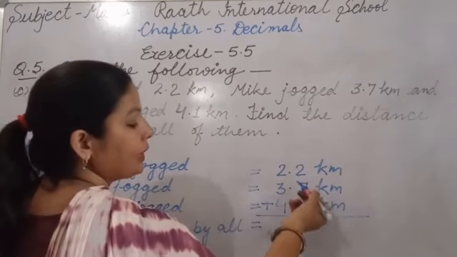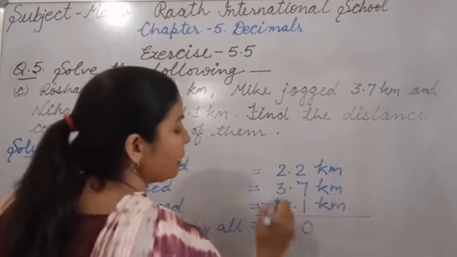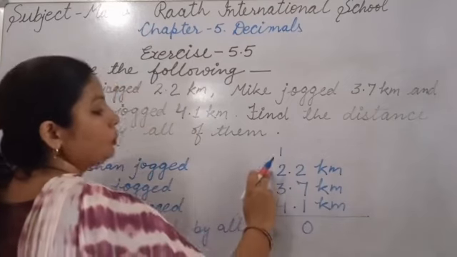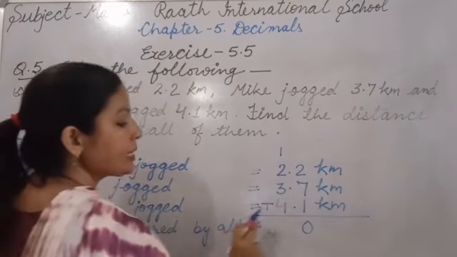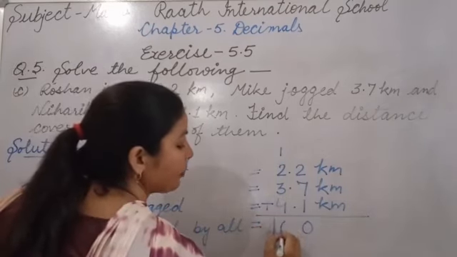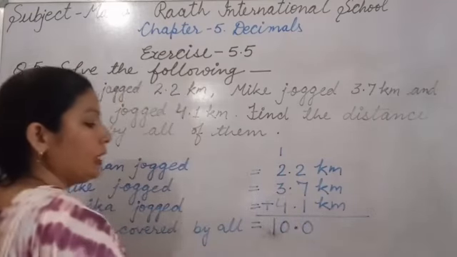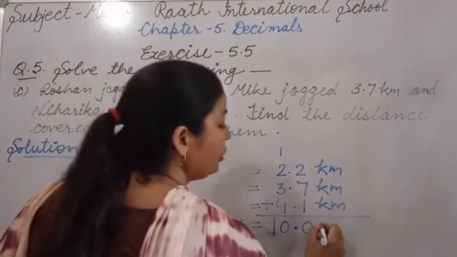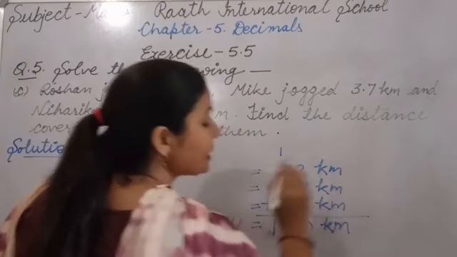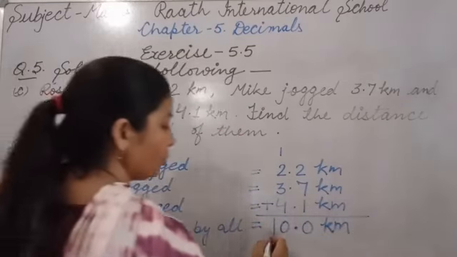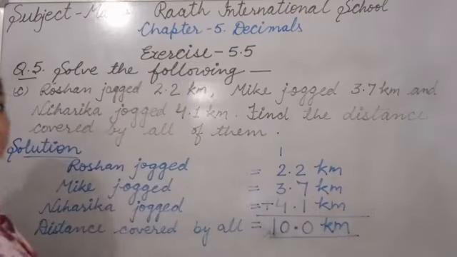2 plus 7, 9. 9 plus 1, 10. 1 goes carry. 2 plus 1, 3. 3 plus 3, 6. 6 plus 4, 10. Now point. So down of point we will use here also point. So it has become 10.0 kilometer. 10.0 kilometer means 10 kilometer. So that is the distance covered by all.